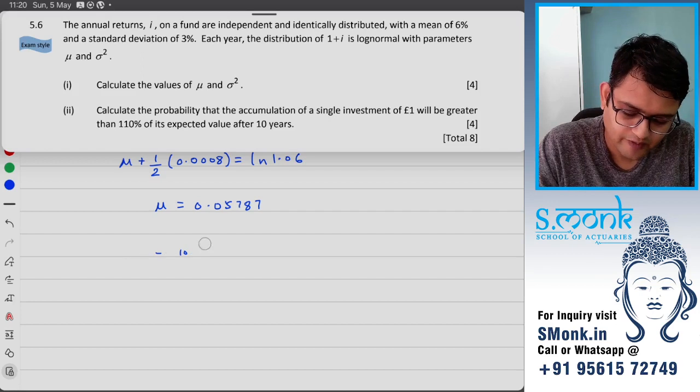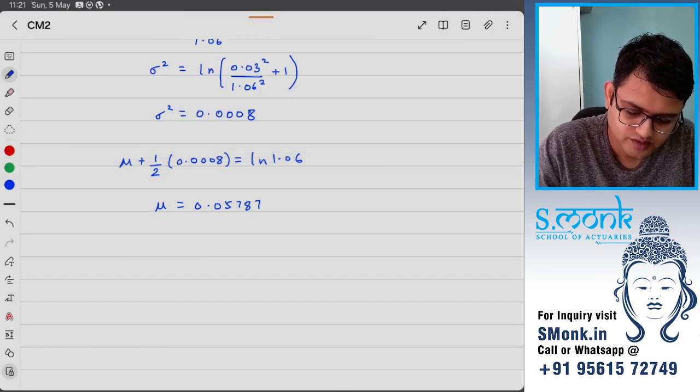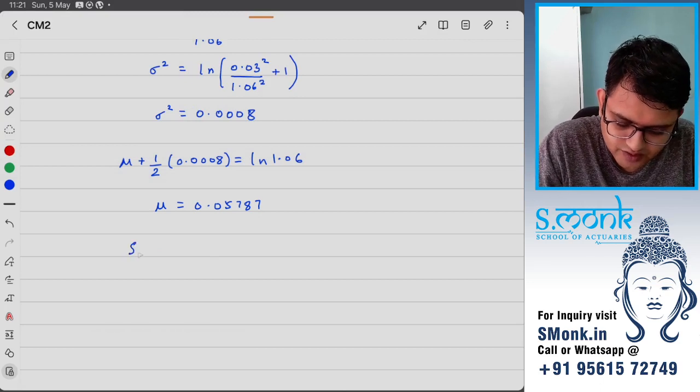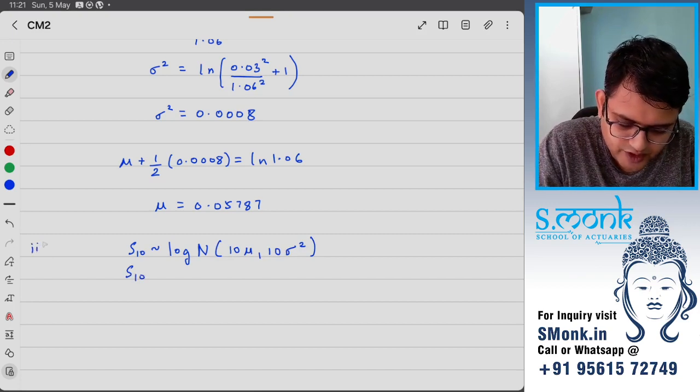Okay, this is how we will have to find it. First of all, S10 will follow a lognormal with parameters 10 mu, 10 sigma squared. This is the second part.